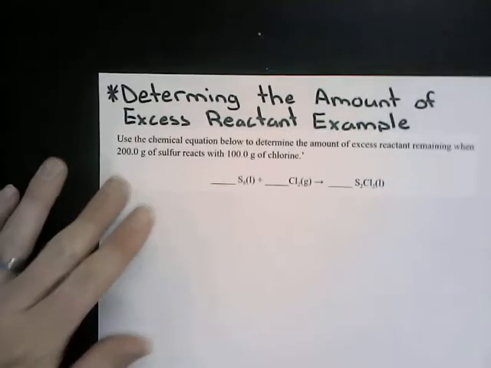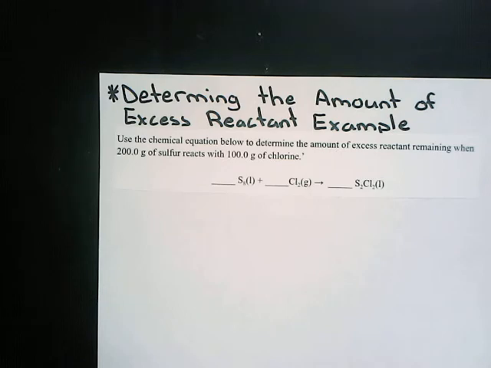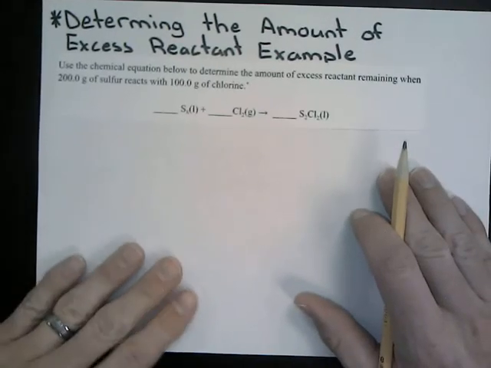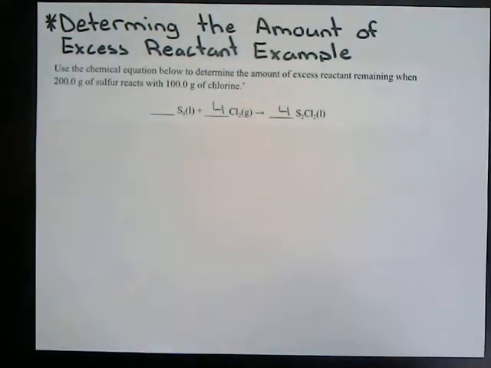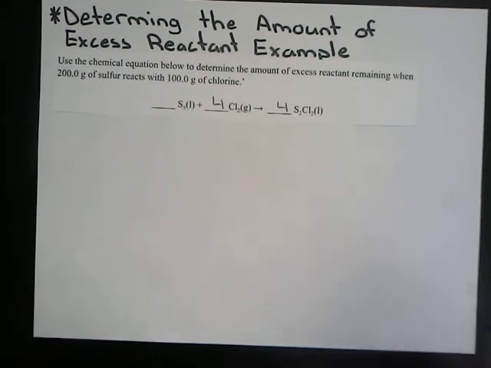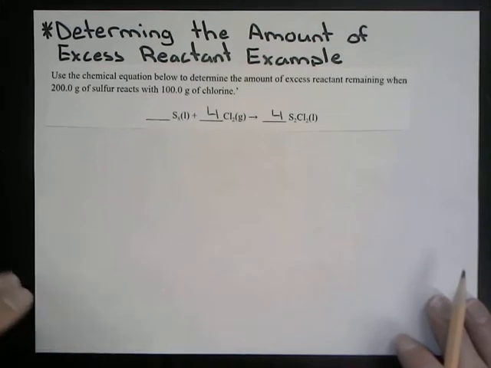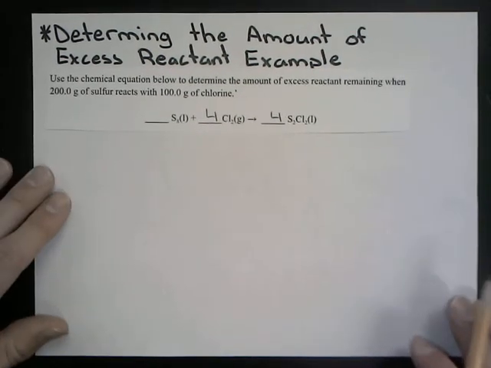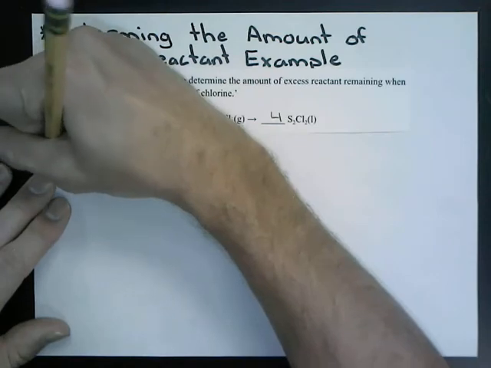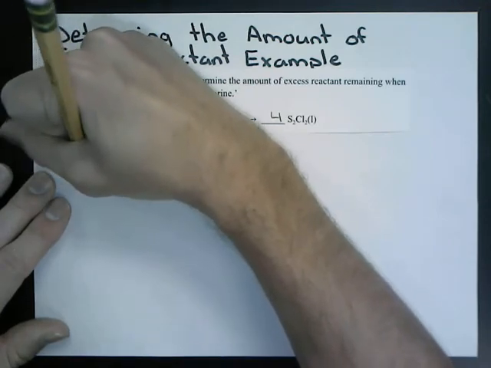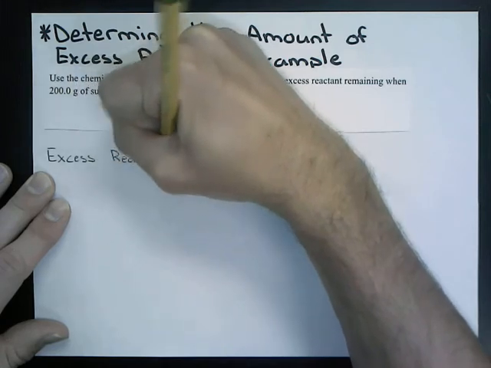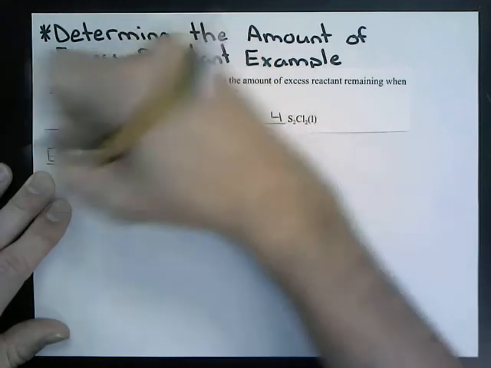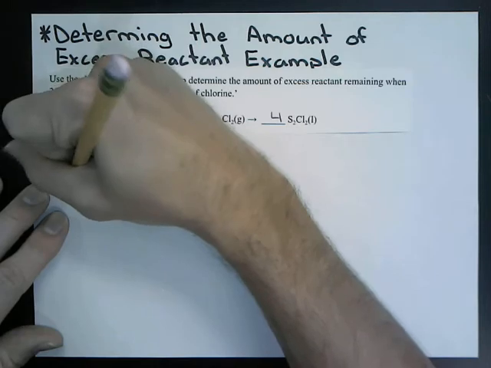So we go through the same problem. We have 200 grams of sulfur reacting with 100 grams of chlorine to go through this particular equation. Remember, we balanced the equation, and now we've done this problem. So I'm not going to take the time to write this down, but I'm going to identify this. Our excess reactant is our S8, okay?